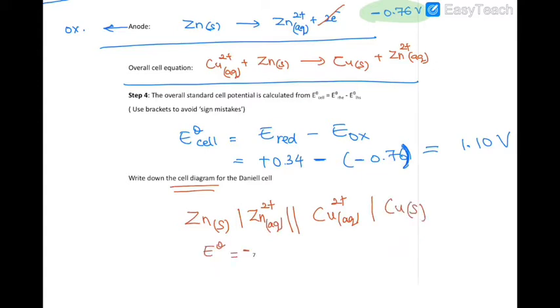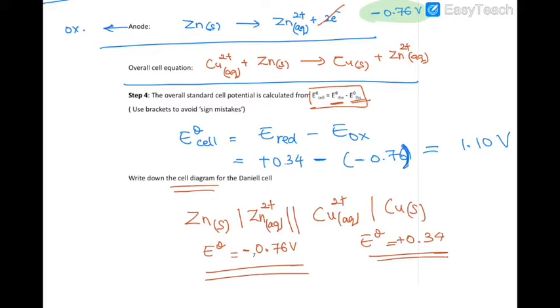I'm also going to include the standard electrode potentials of each. This formula also applies: the overall standard cell potential is the electrode potential on the right hand side, this one, minus the electrode potential on the left hand side, which is this one. So you still get the same value.